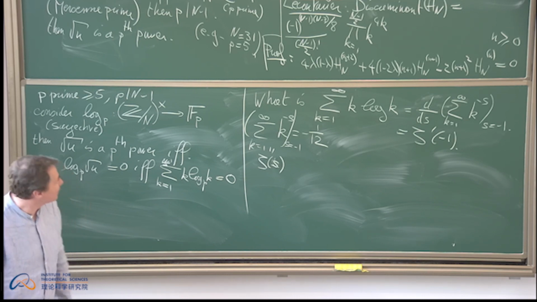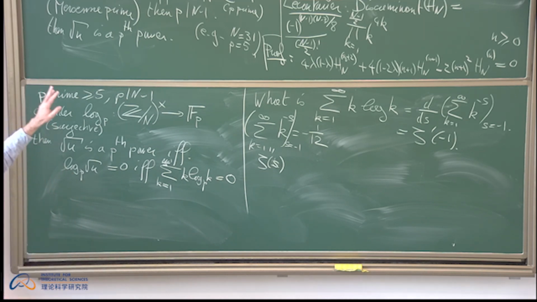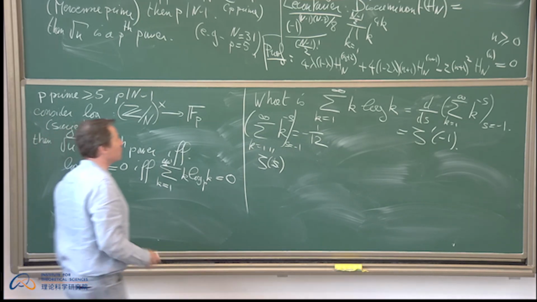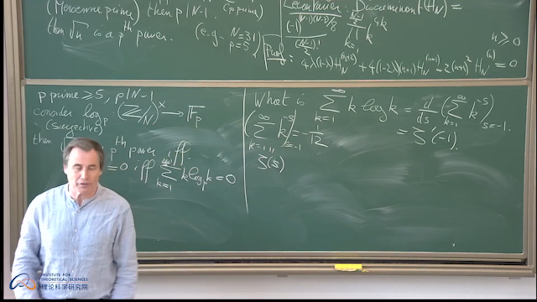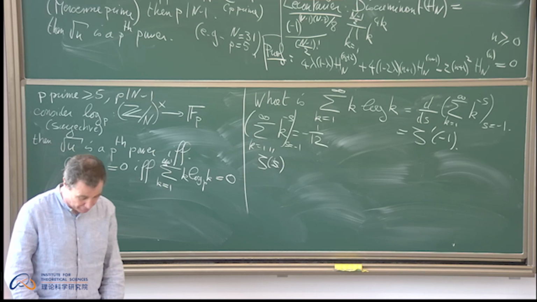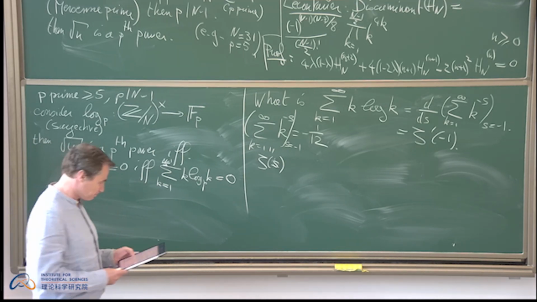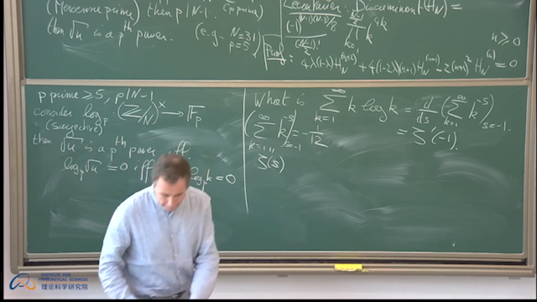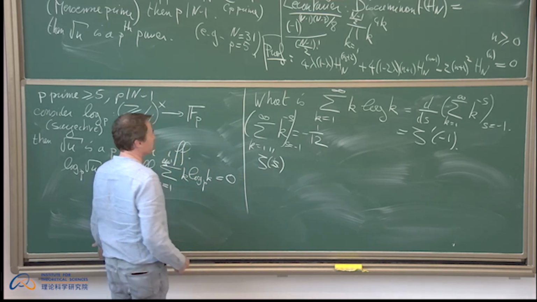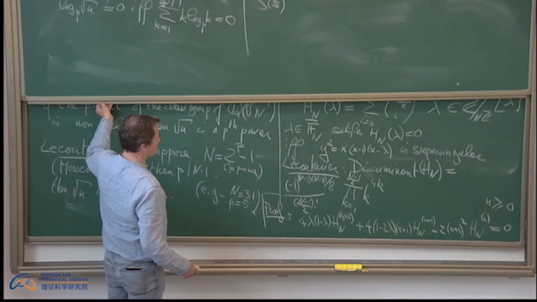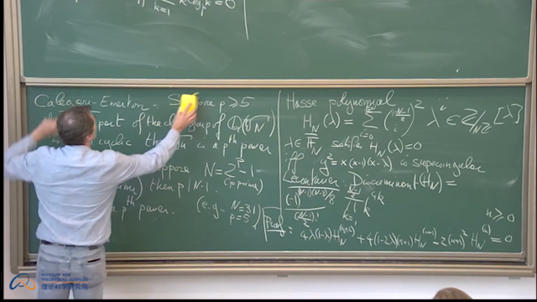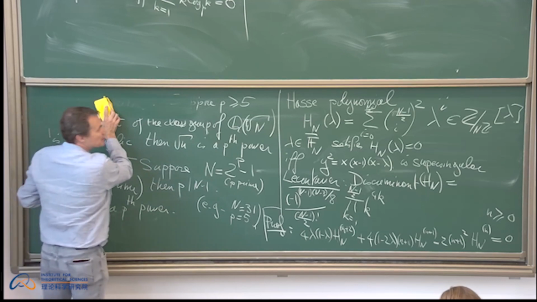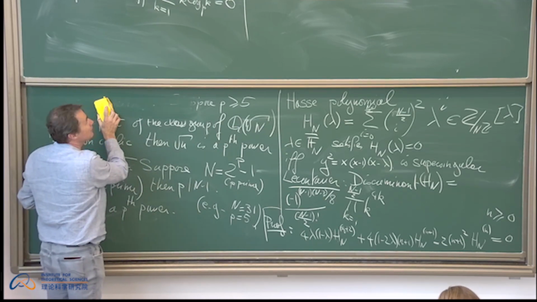So I'm going to try to explain to you why this square root of u is some sort of incarnation of zeta prime of minus 1 in the finite world of the field with n elements. I think this has been noticed by Caligari and Venkatesh.